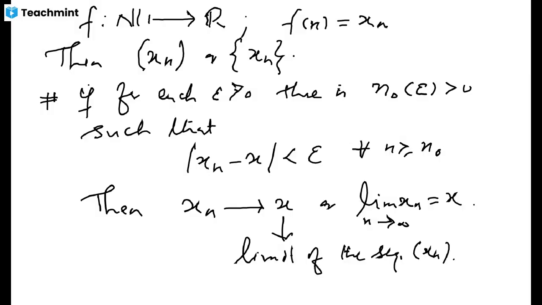There were other properties also that we have discussed, but now what we are going to talk about today is the idea of subsequences. These are sequences, but they will be taken out of a sequence.